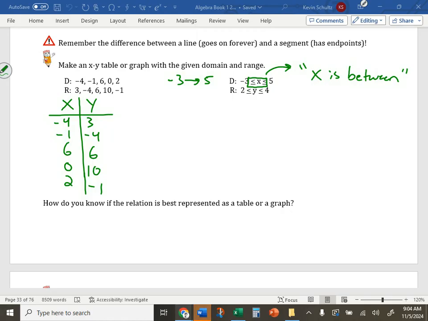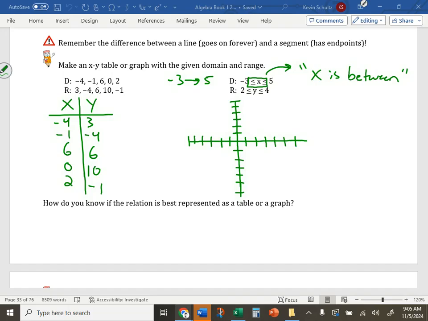So, you are looking for a segment, and you need to draw your own coordinate plane, so do the best that you can there, okay? Put some 1, 2, 3, 4, 5, 6, and -1, -2, -3, -4, -5, -6. Just kind of sketch it there, okay?